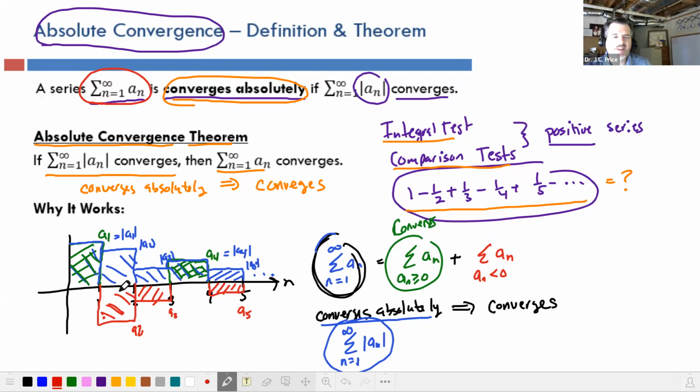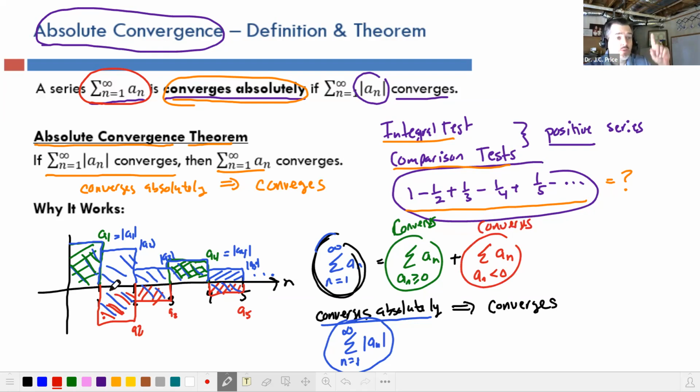And then the red areas, now they don't lie underneath the blue areas, but they're the same value, just the negative. One is just a negative of the other. And so again, they kind of fall below, in some sense, the blue areas. So they also converge. It's really the same sort of argument.